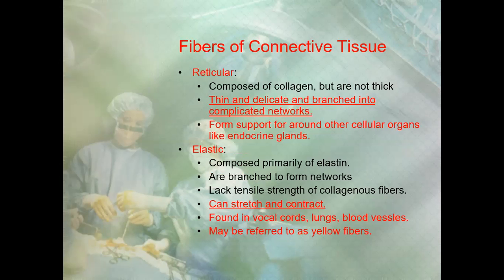Reticular fibers are very delicate, and what I like to think of in my body is they form a hammock. There are organs that are kind of suspended, like, for example, my kidneys. My kidneys are way higher up than everybody usually thinks. They're actually way up here under my rib cage.